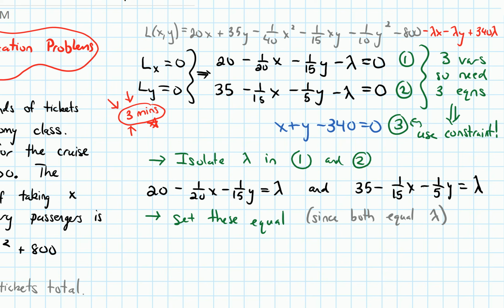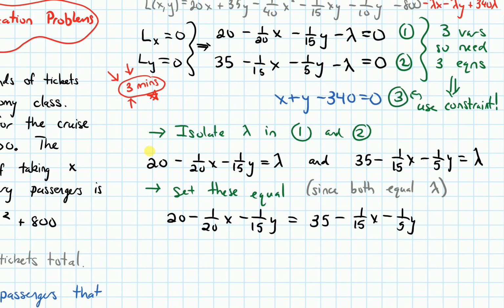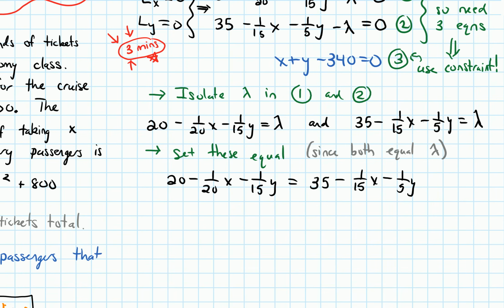Okay, so setting them equal, we get 20 minus 1/20th x minus 1/15th y equals 35 minus 1/15th x minus 1/5th y. So we can simplify if we get some common denominators and we rearrange this.